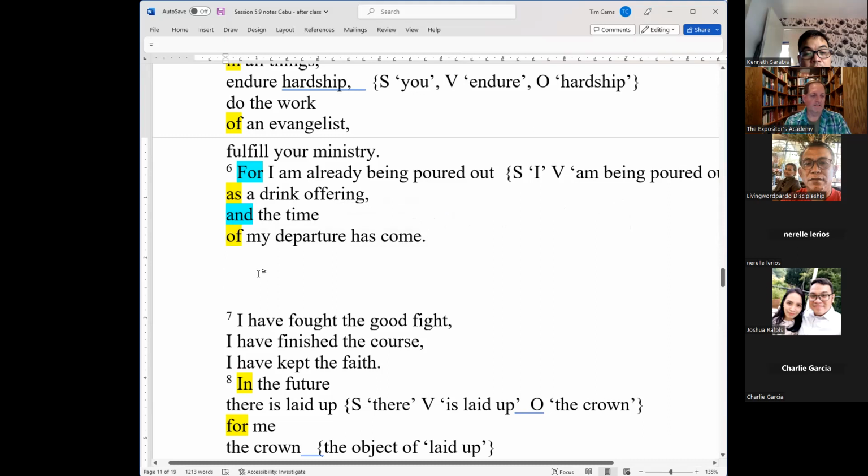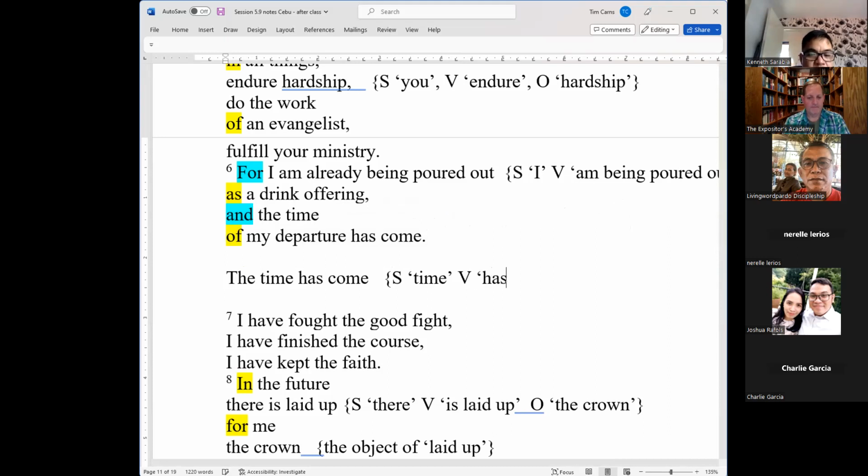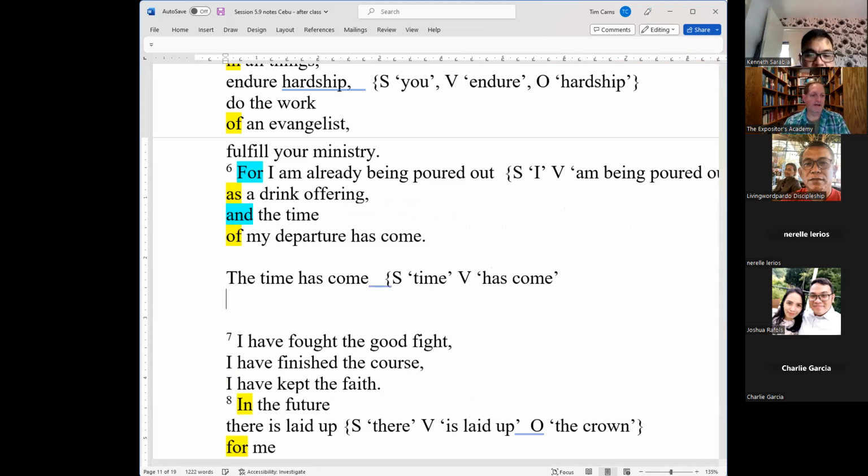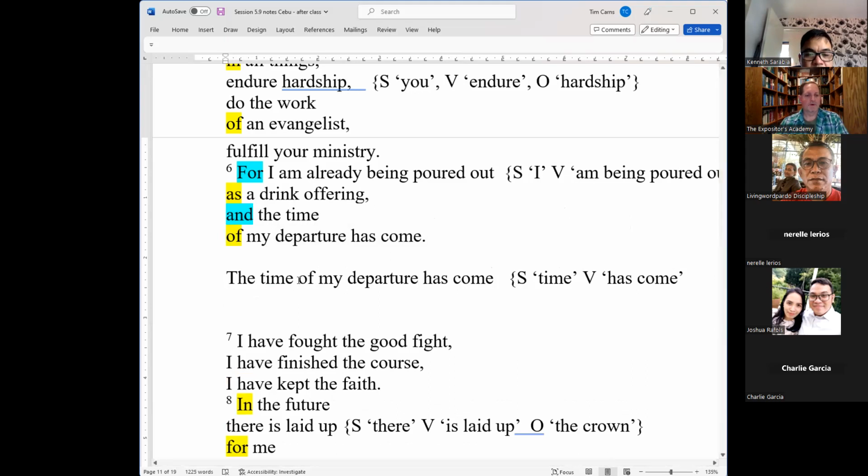The clause is this: the time has come. The subject is time and the verb is has come. But notice we have of my departure inserted there. So this is the sentence: the time of my departure has come. The problem is we've got this phrase inserted between the subject and the verb. You guys see that?